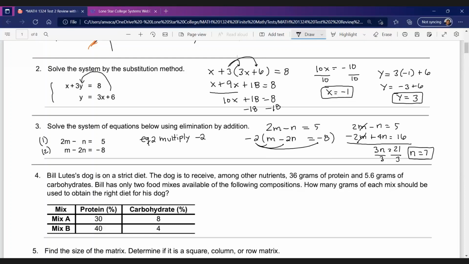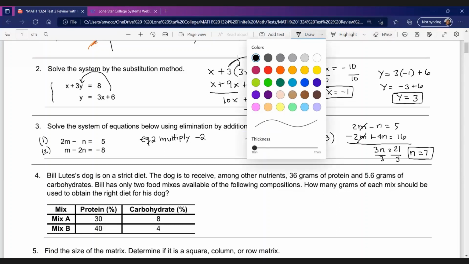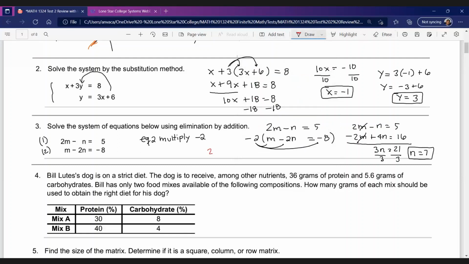Well, after we know that n is equal to 7, then we can go ahead and find the value of m. So let's use 2m minus n.